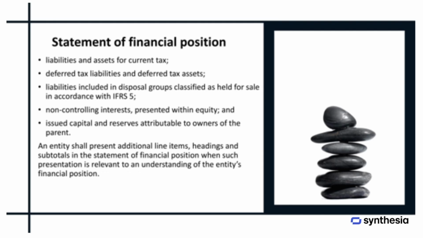Additionally, an entity is required to present other line items, headings, and subtotals in the statement of financial position when they are deemed relevant to provide a clearer and more comprehensive understanding of the entity's financial position. This ensures that the financial statement offers meaningful insight into the entity's assets, liabilities, equity, and overall financial standing.